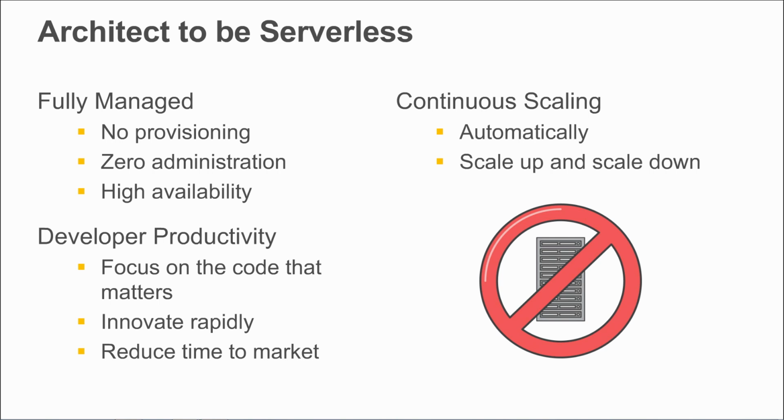So all the coding that you have to write that's related to a server-based infrastructure model, where you need to take into account installing software, automating deployments and configuration management of that server, have all of the code that's not related to your actual business logic be handled by the service, so that your developers can focus just on the business logic that differentiates your application. And then have that business logic be deployed in a way and on top of a platform that enables continuous scaling automatically.